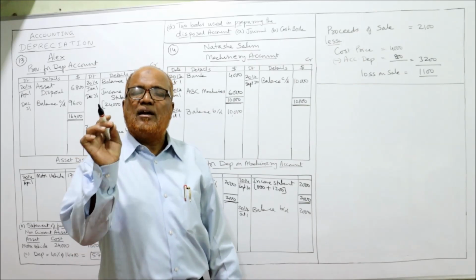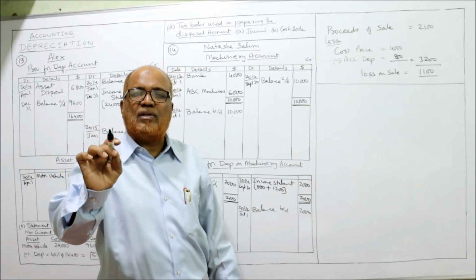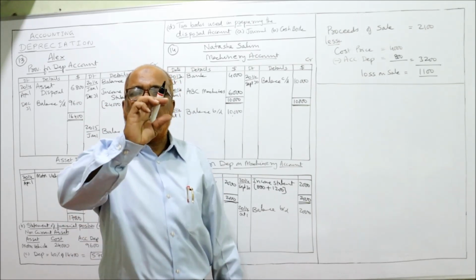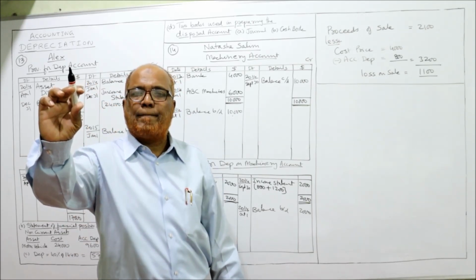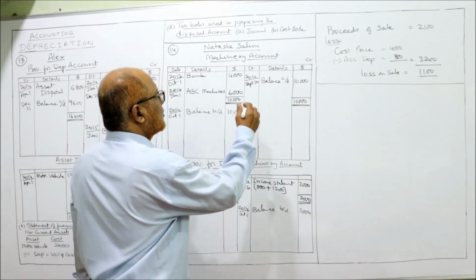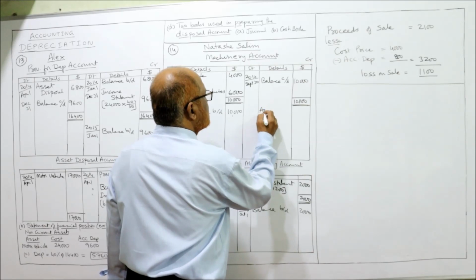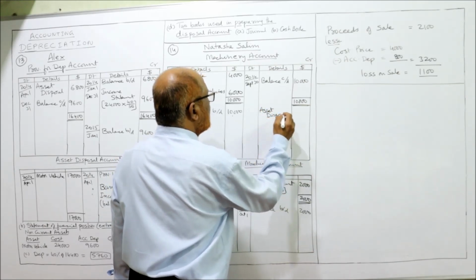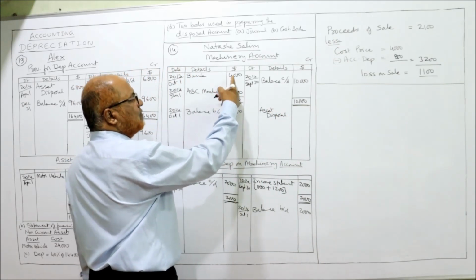The first entry, transfer the original cost of the machine to asset disposal account. Entry will be asset disposal debit, machinery account credit. So machinery account credit side, asset disposal. What was the original cost of the first machine? 4,000.